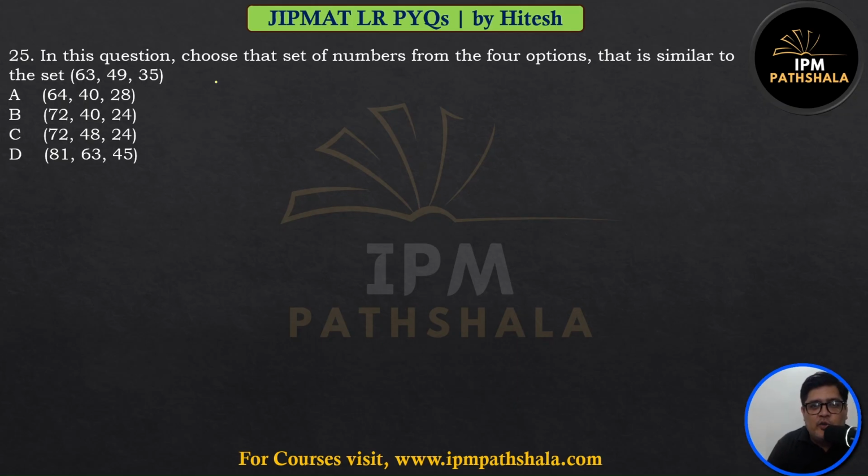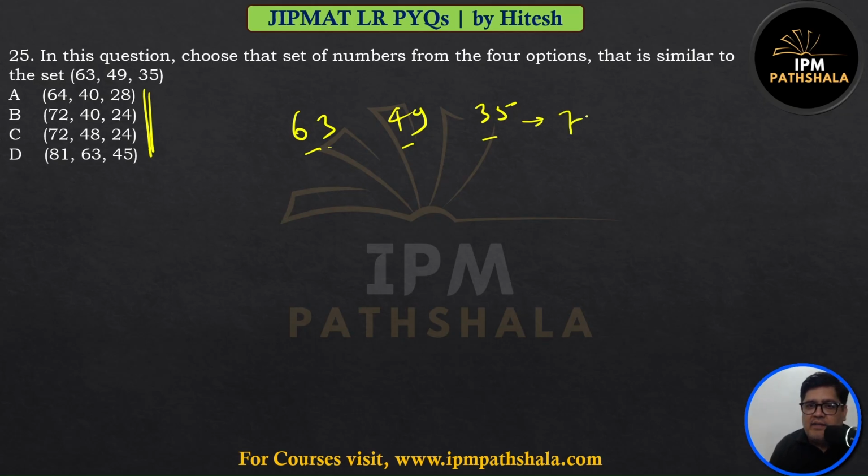In this question, choose the set of numbers from the four options that is similar to the set. There is something that connects these. Same connection can be found in which other triplet. So you notice these are all multiples of 7.